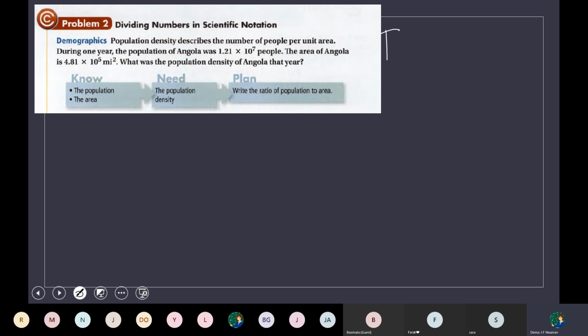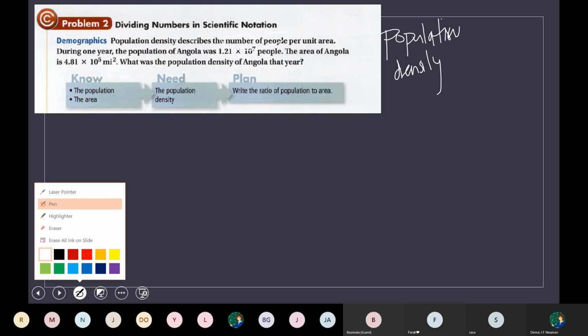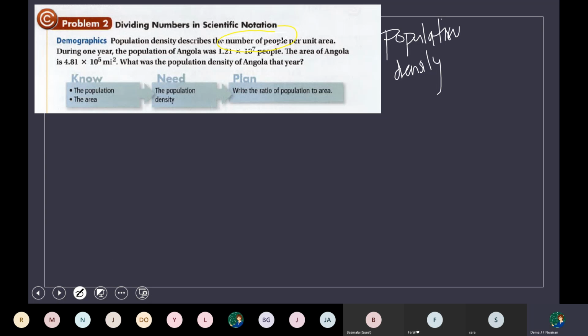The formula is the population density. He told me that the population density describes the number of people per unit area.